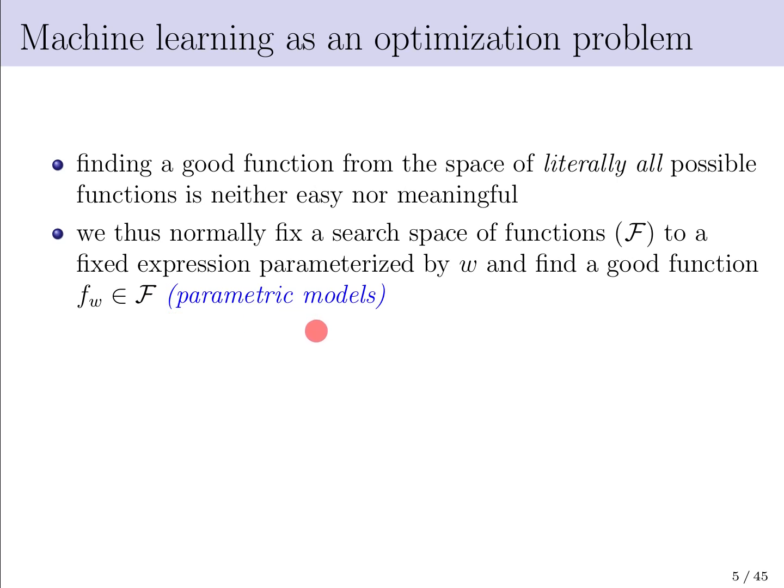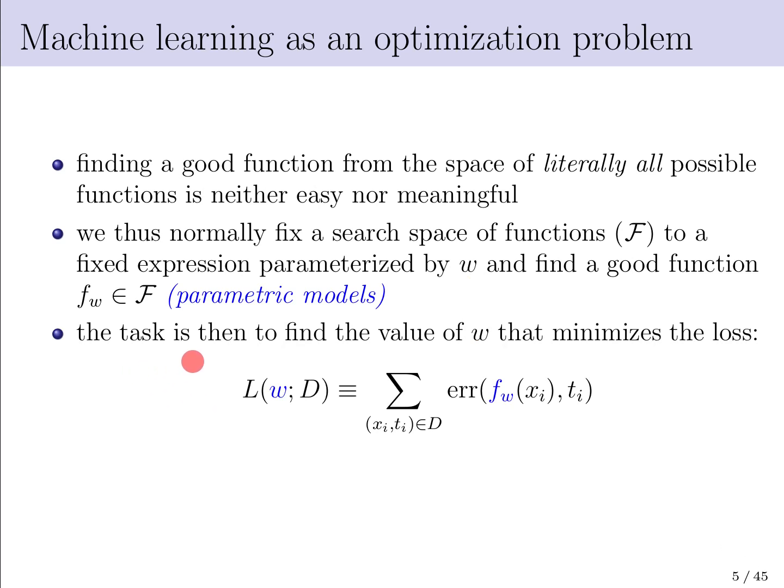So you are not searching for any function, but instead for a function in a fixed function space. Fixed in the sense that the expression itself is fixed, so you can change the function only by changing some parameters. You can think of it as, for example, polynomials of degree 2 or up to 3, where the parameters are just the coefficients of the polynomials.